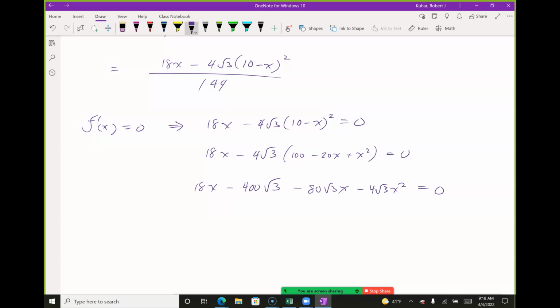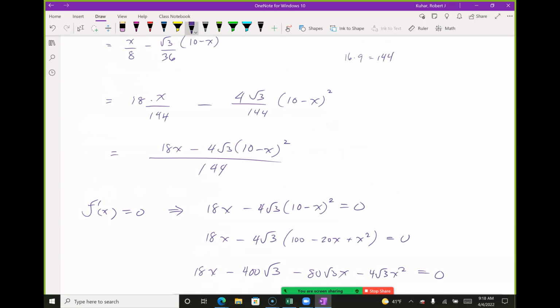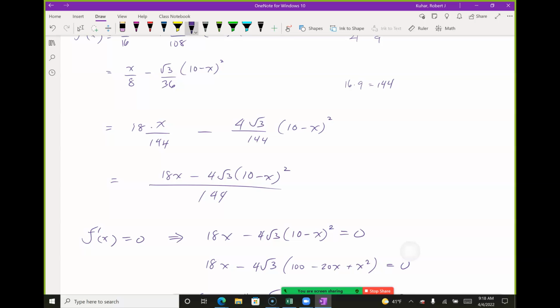There's usually 100 ways to solve a problem without doing it the dumb brain way, but sometimes you just have to. Yeah, unfortunately. I don't know why this didn't turn out nicer. I don't know if I made a mistake somewhere else.